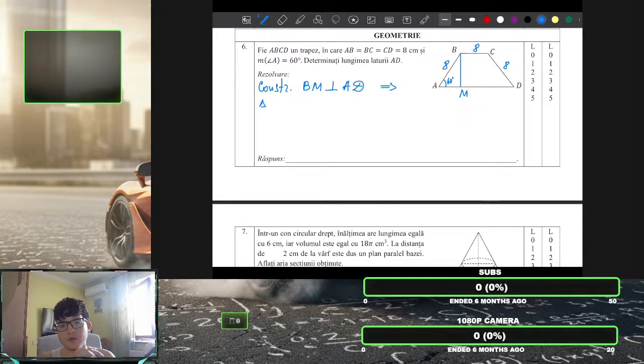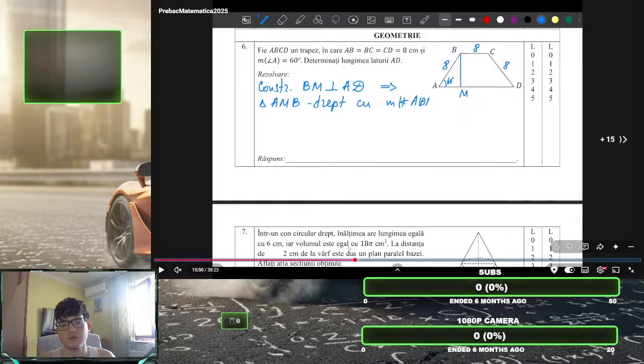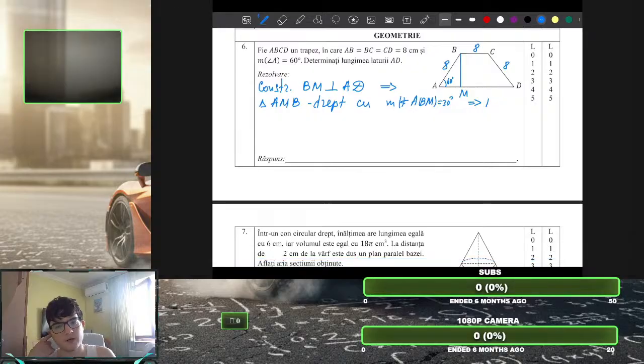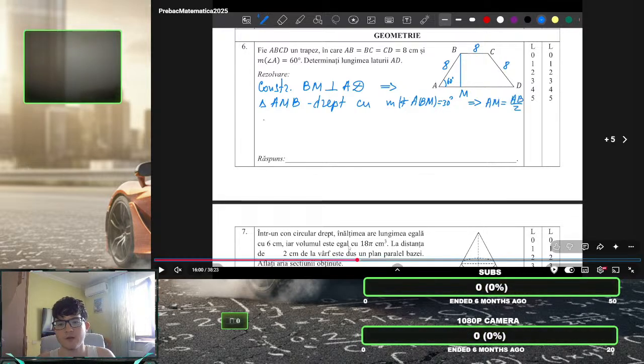anything there other than AB, so we can go over to C and also draw a line down, right? But we will know where 30 degrees is. So we can use the 30-degree formula, which means that AM is 4. And now we know that AM is 4.